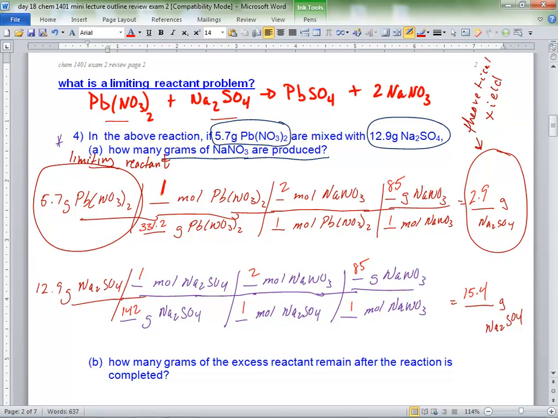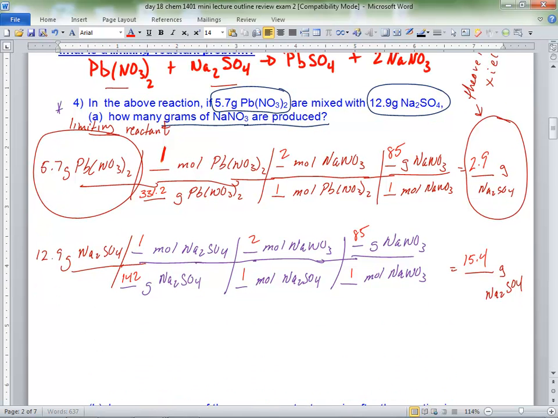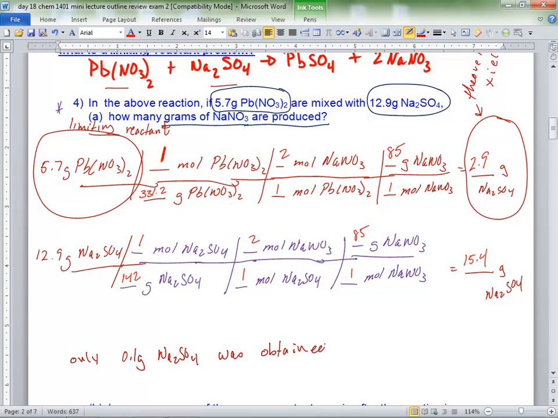Before we jump to B, let's modify this a little bit. What if they would have said, hey, you actually got only 0.1 grams of sodium sulfate obtained. What is the percent yield?